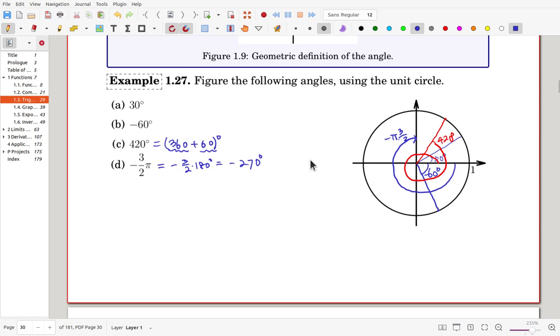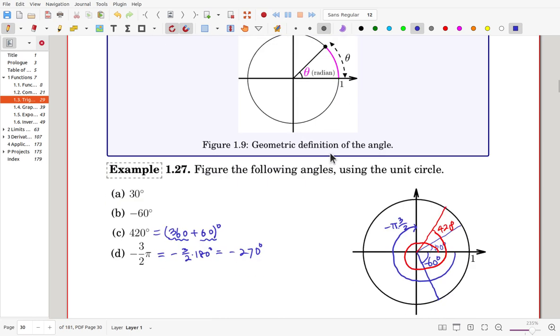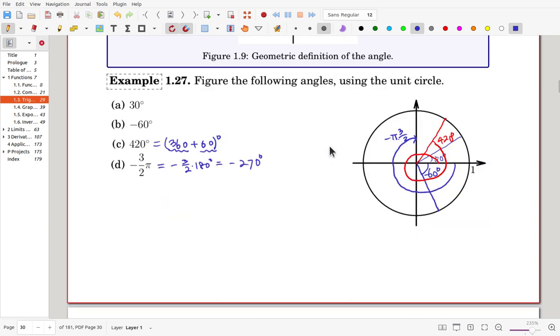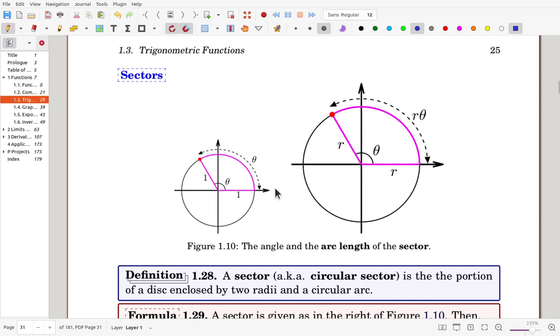Okay, so angle is defined as arc length on the circle of radius 1. That is the definition of angle. And if you consider sectors, then usually you are considering sector arc length and area of sectors.